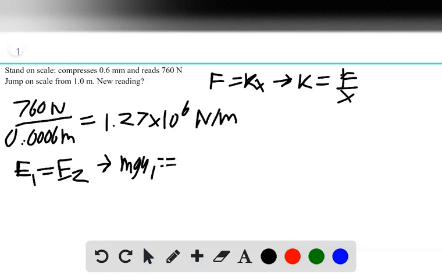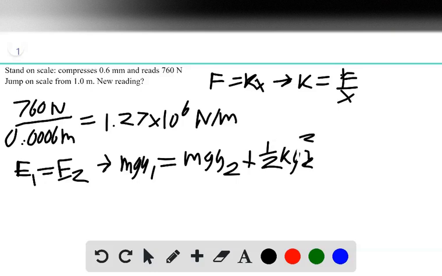That is equal to, if you are landing on a scale and you compress it all the way, there's going to be a moment where you're not moving at all, so there's no kinetic energy on the right side either. But we will have mgy2 and the elastic energy of the spring because it's being compressed, 1/2 ky2 squared.